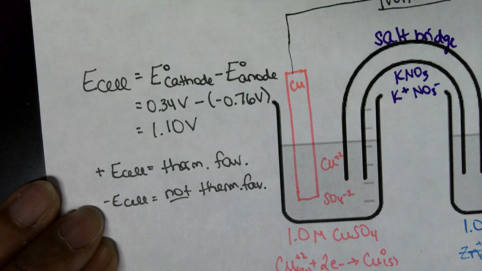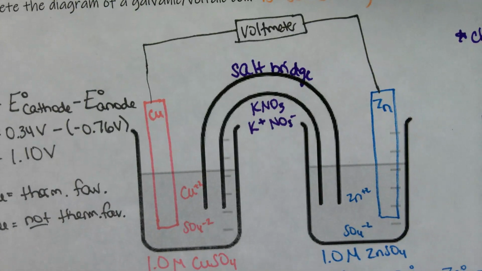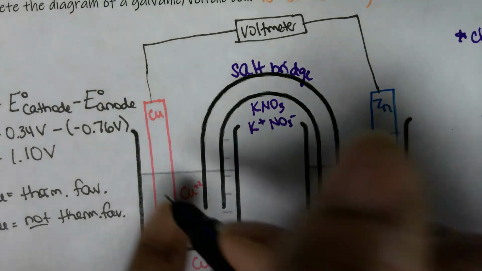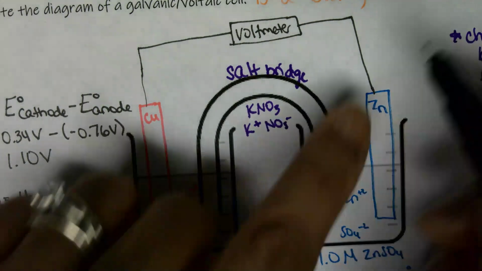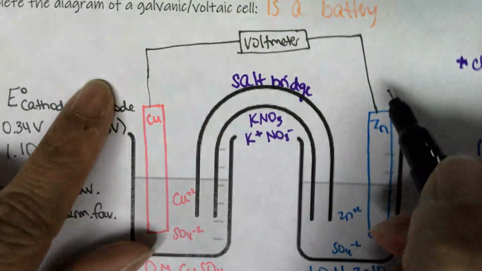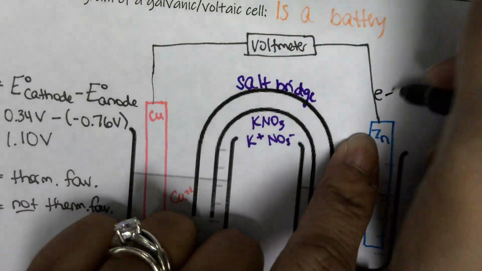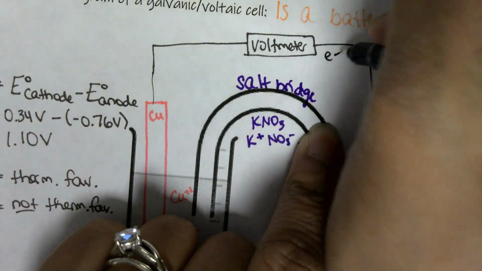Some other stuff to make sure we make a note of here. The electrons flow from the anode to the cathode. So this is our anode, this is our cathode. The electrons are flowing from our anode to the cathode, but through the wire. So we will have electrons go this way.